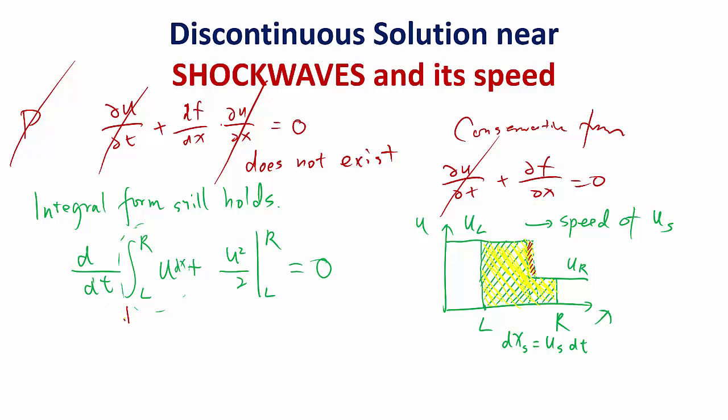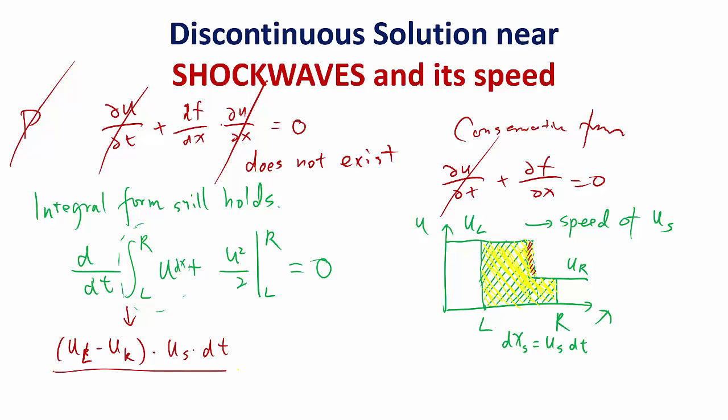So this is actually, in the special case, equal to what? What is the area of the rectangle? UL minus UR, right? Times dxs, which is us times dt.